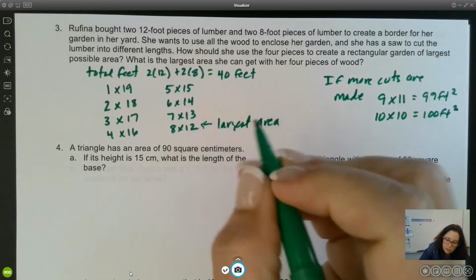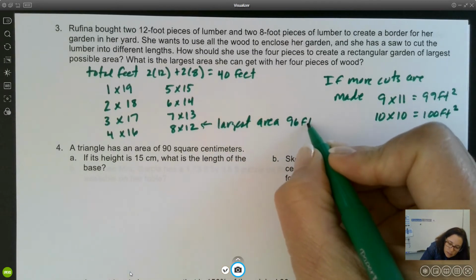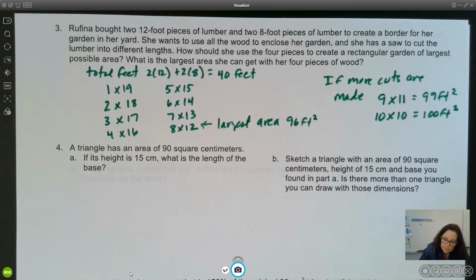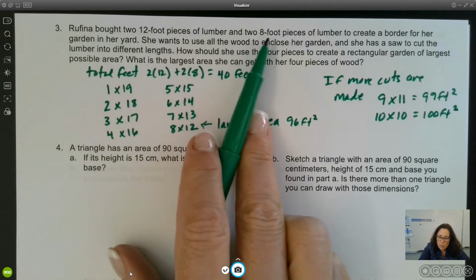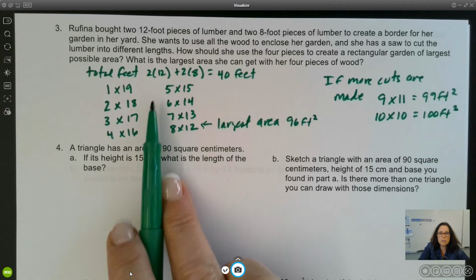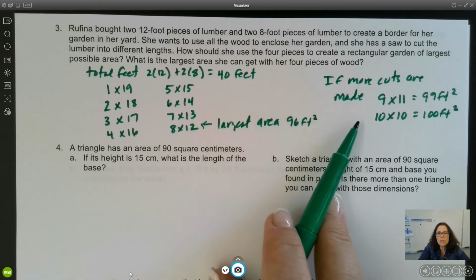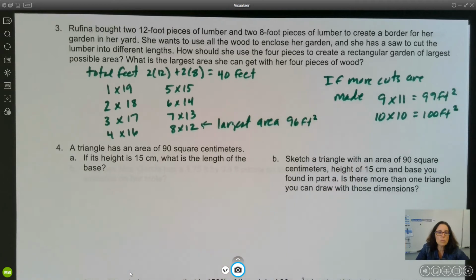This 8 by 12 over here gave us 96 feet squared. Okay, so using the pieces that we had without cuts, this is your information. And then if you can make more cuts, you can get a greater amount of area if you cut the wood more, okay, and more pieces.